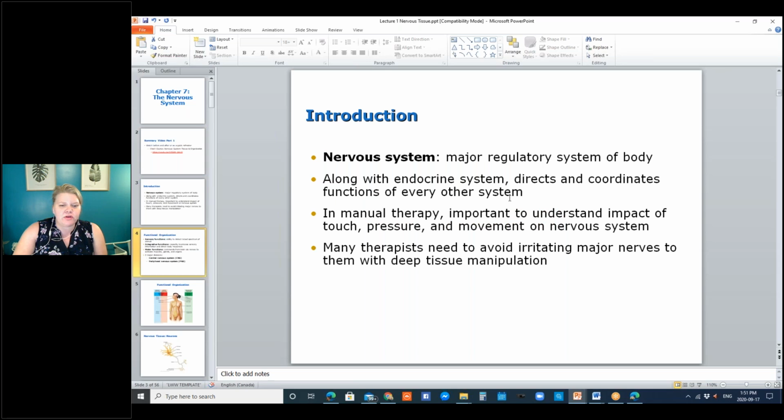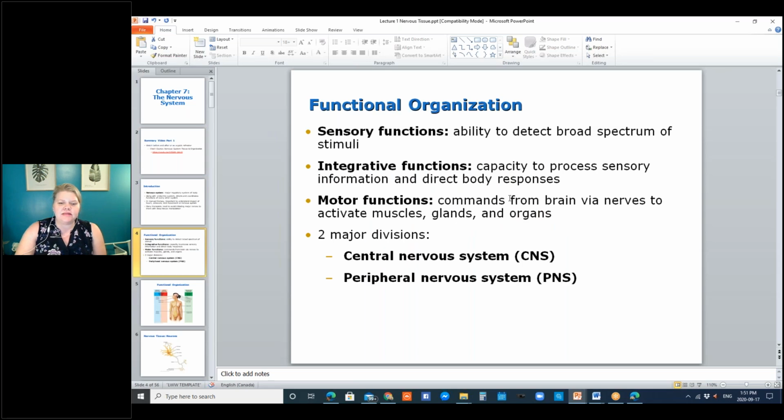Yes, so we were talking about the nervous system and how it has 3 different functional organizations: a sensory function that picks up stimulus from the environment, or even internally. Internal environment, okay, so I'm just using that as a broad general term, environment.